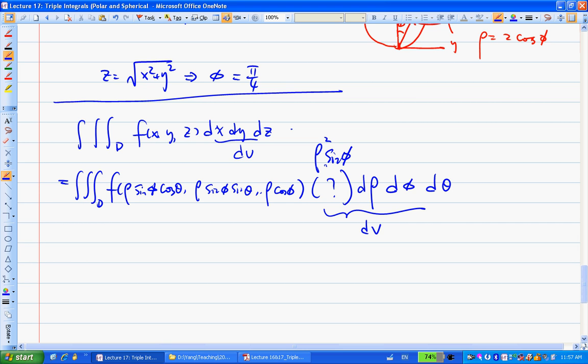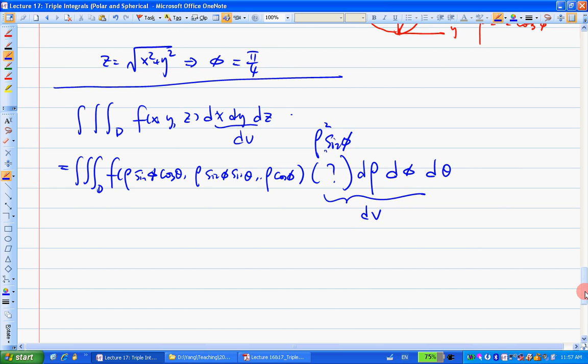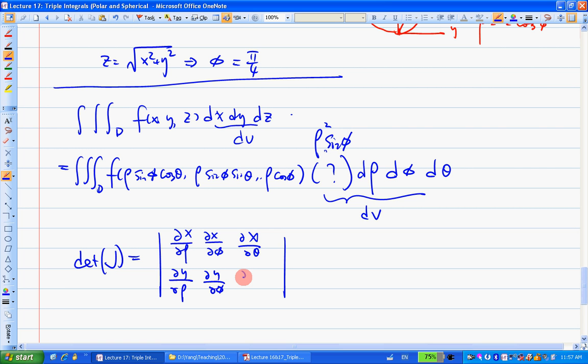A better approach, mathematically more neat, is to use this Jacobian transformation. You generate your Jacobian J, which is the determinant of the Jacobian here: dx over d rho, dx over d phi, dx over d theta, dy over d rho, dy over d phi, dy over d theta, dz over d rho, dz over d phi, and dz over d theta.